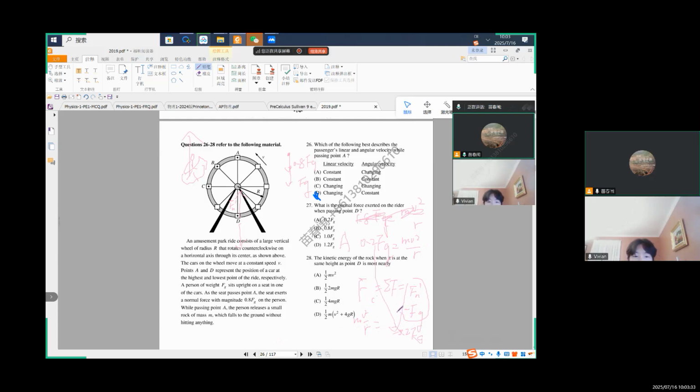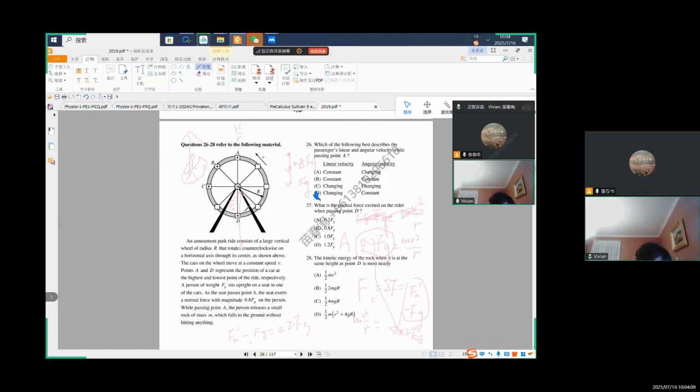Because centripetal acceleration is the same, v squared over r is the same, so this ma and this ma is the same. So eventually it's Fn prime minus Fg equals 0.2 Fg, which is the centripetal force before, so Fn prime is 1.2 Fg, right? Is 27 making sense?